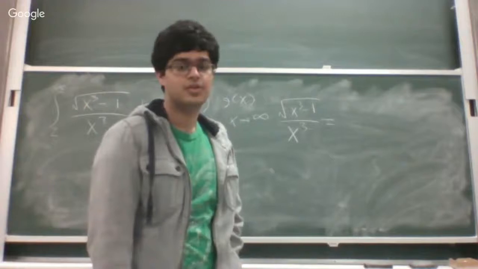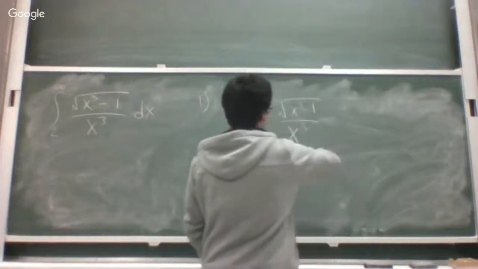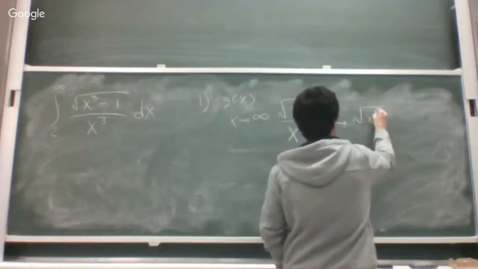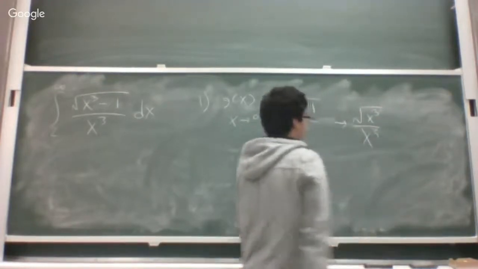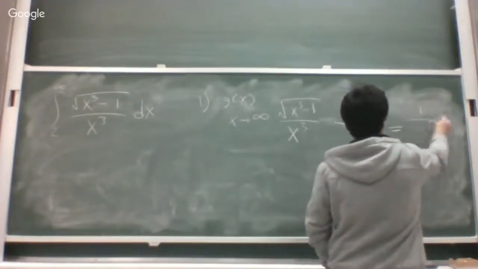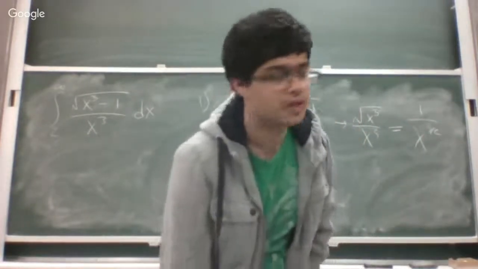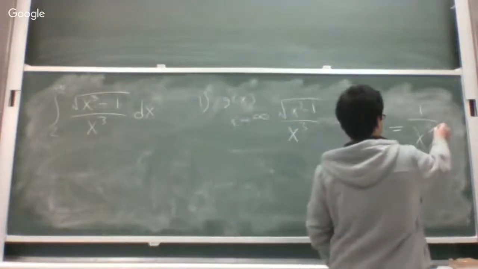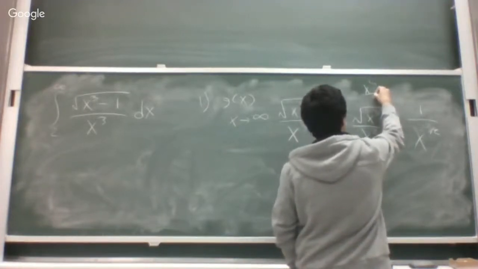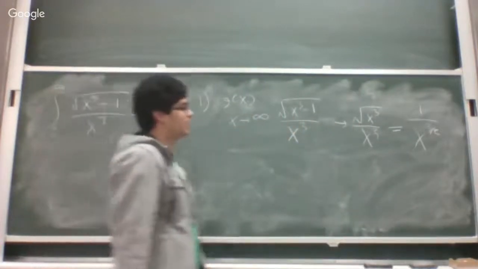Just by looking at this, we know that the minus 1 does almost nothing. So we have square root of x cubed over x cubed, and if you simplify this, that's equal to 1 over x to the 3/2. So that is x to the 3/2 over x cubed. So this is now our g of x.